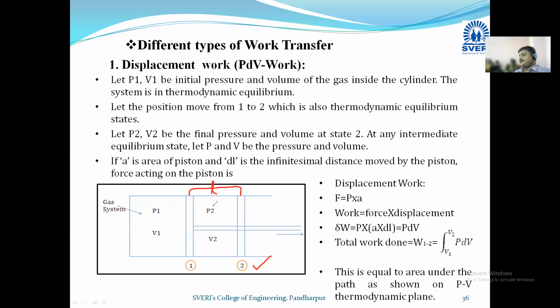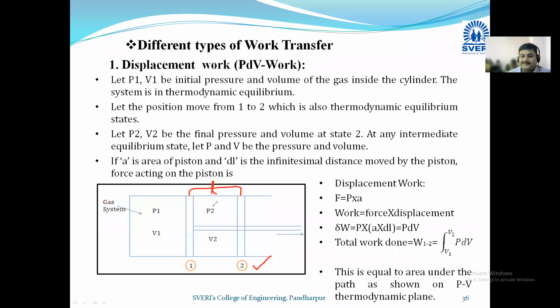Now what is happening here? When you compress, you bring the piston from position 2 to position 1. Okay, there is a displacement, and to perform that displacement you need to provide force to the piston. What do you need to apply to the piston? Force. Note this. So force is also involved in this system and displacement is also carried out.